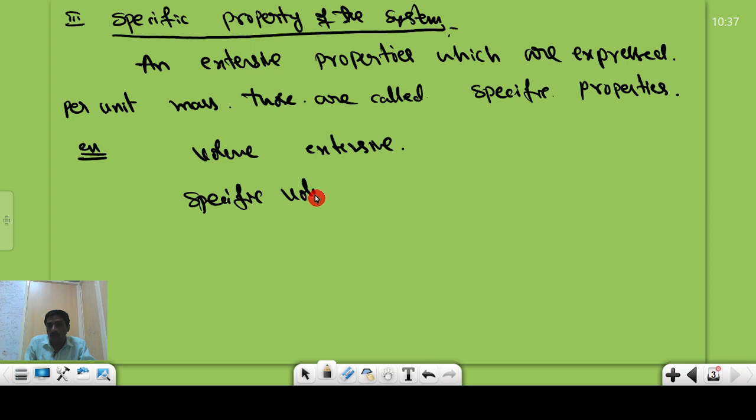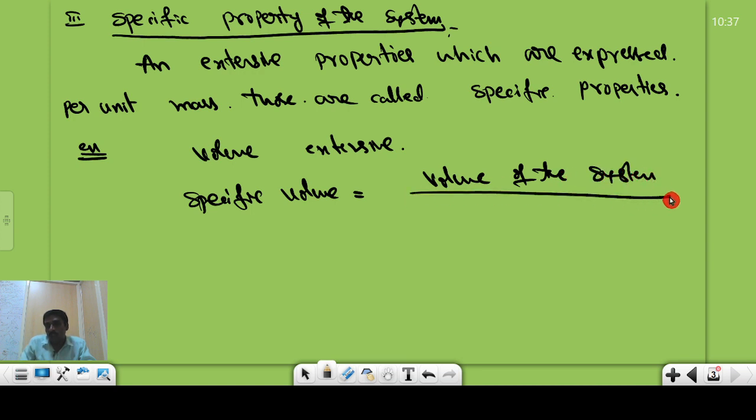Specific volume is equal to the volume of the system divided by the total mass of the system. So this is called the specific volume of the system, and these properties are named the specific properties of the system.